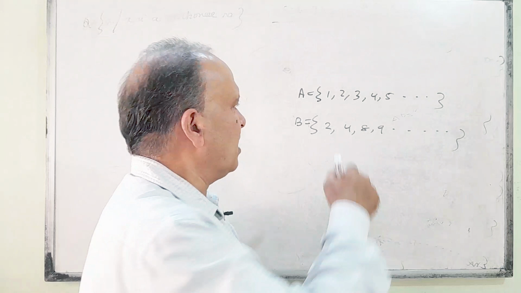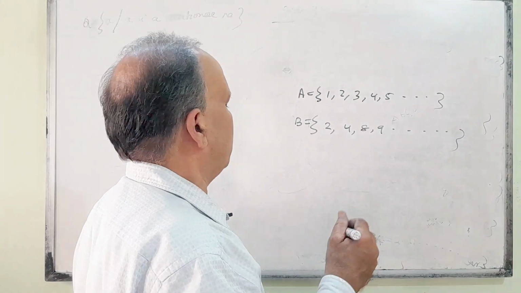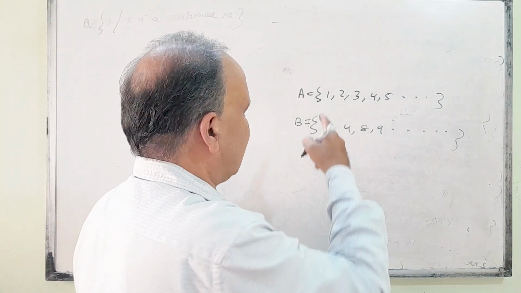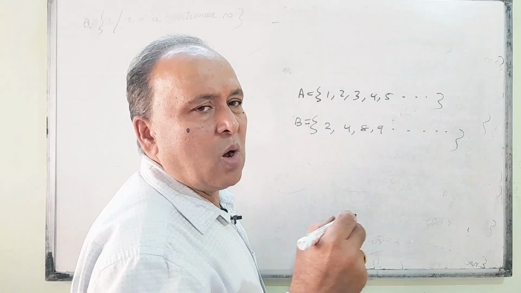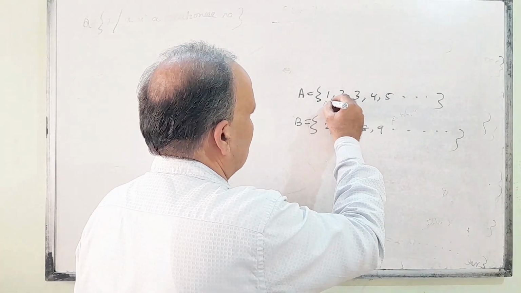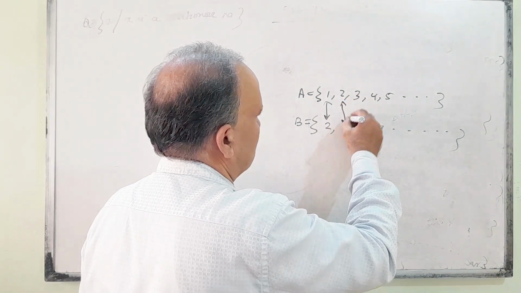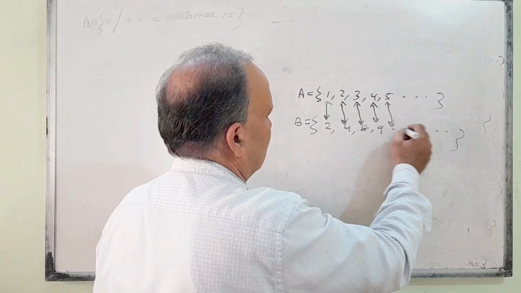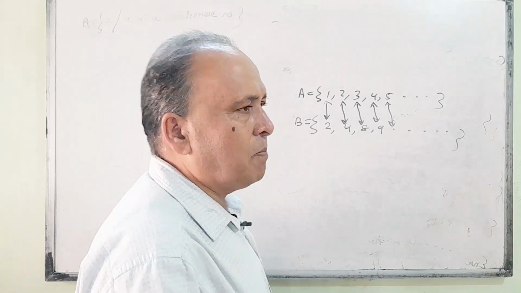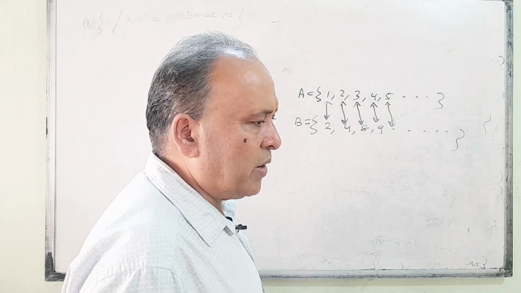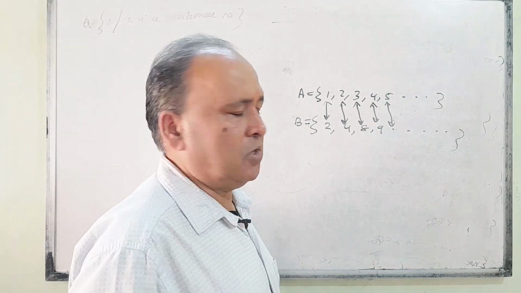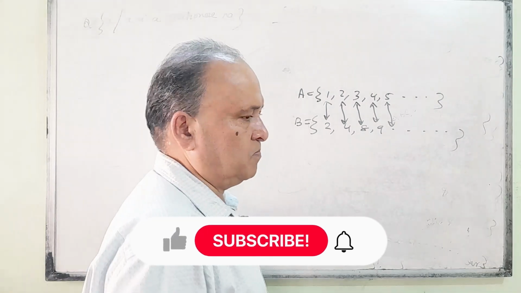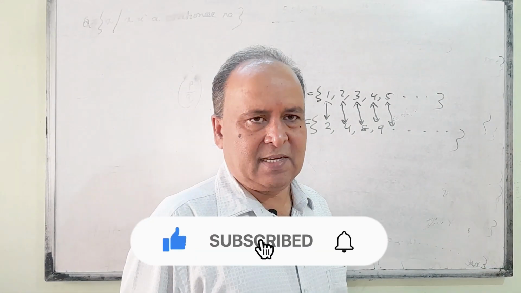Since both have the same order, whether the elements are the same or not, we can say these are similar sets. Their similarity is determined by the one-to-one correspondence method. That means 1 corresponds to 3, 2 corresponds to 4, 3 corresponds to 8, 4 corresponds to 9, 5 corresponds to another element, like this. So any two infinite sets are always similar. You remember, any two infinite sets given are always similar. So this is our first class of sets.